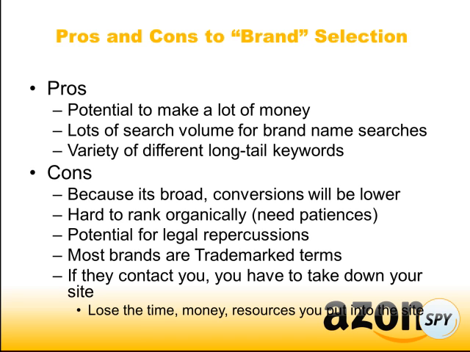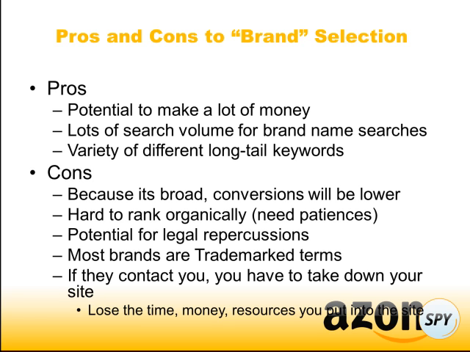So let's talk about the pros and cons of brand selection. If you're optimizing a site for Dell laptops or Canon cameras, the pros are that there's the potential to make a lot of money. There is a lot of search volume for just the generic brand name searches. The problem is that those aren't very relevant.